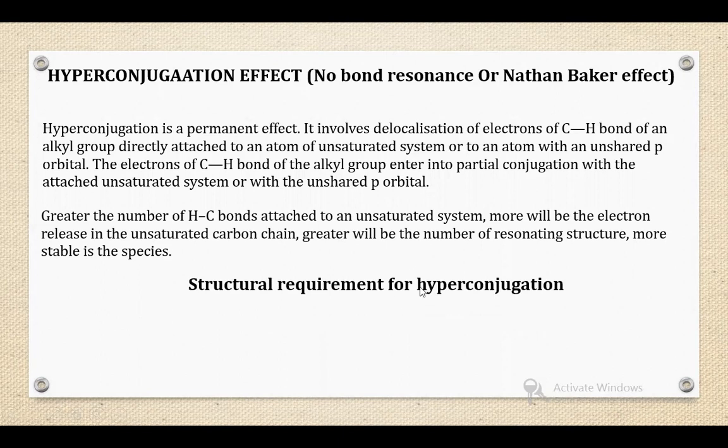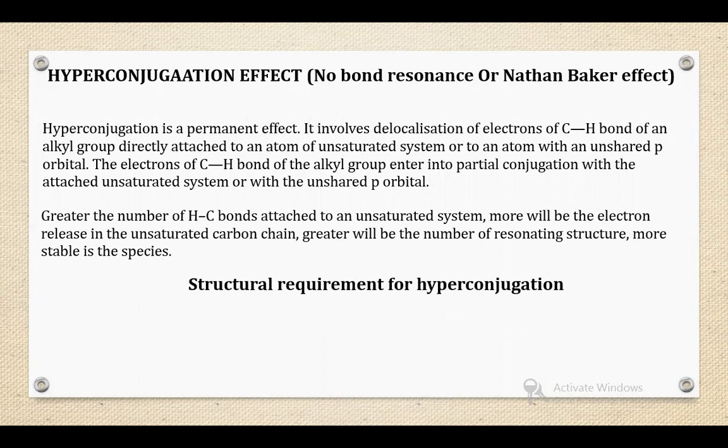Structural requirement for hyperconjugation: the inductive effect is a temporary effect, but hyperconjugation is a permanent effect. It is a no bond case, so shifting of sigma electrons is a permanent effect.